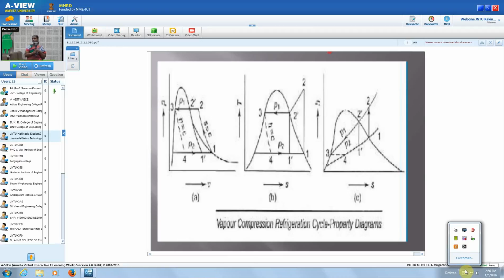So whatever chart is available for that refrigerant, you can directly use this to find out the refrigeration effect, or to find out the superheating temperature T2, or otherwise what is the heat rejected in the condenser, work required for the compressor and all this. Okay. And the isenthalpic process 3-4 is shown in the HS diagram here. So this type of diagram is more used.